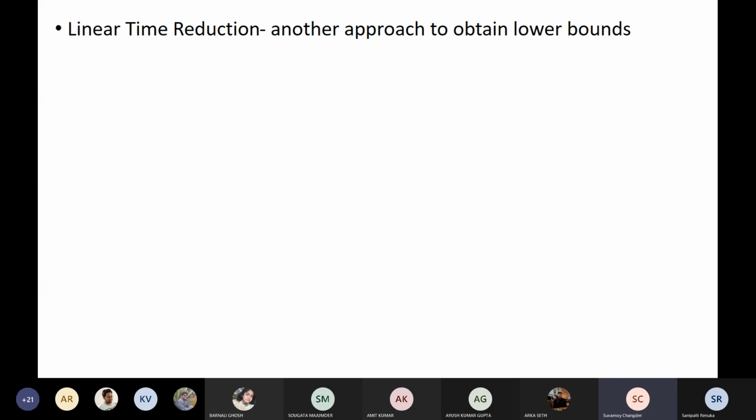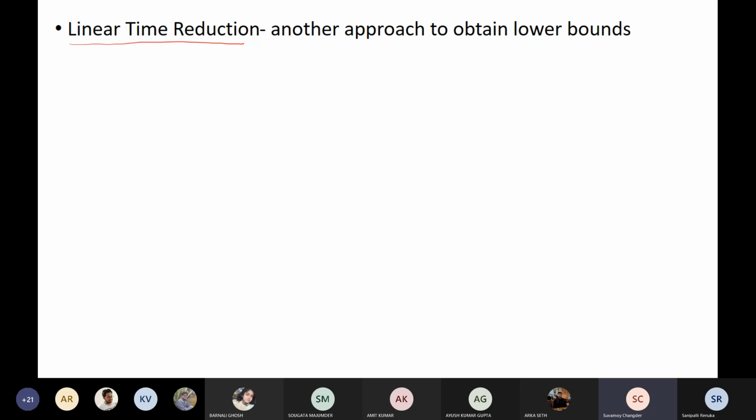There are some problems where you may not be able to apply the direct technique to find the lower bound. Then we have another kind of technique, which is known as linear time reduction, another approach to obtain the lower bound.